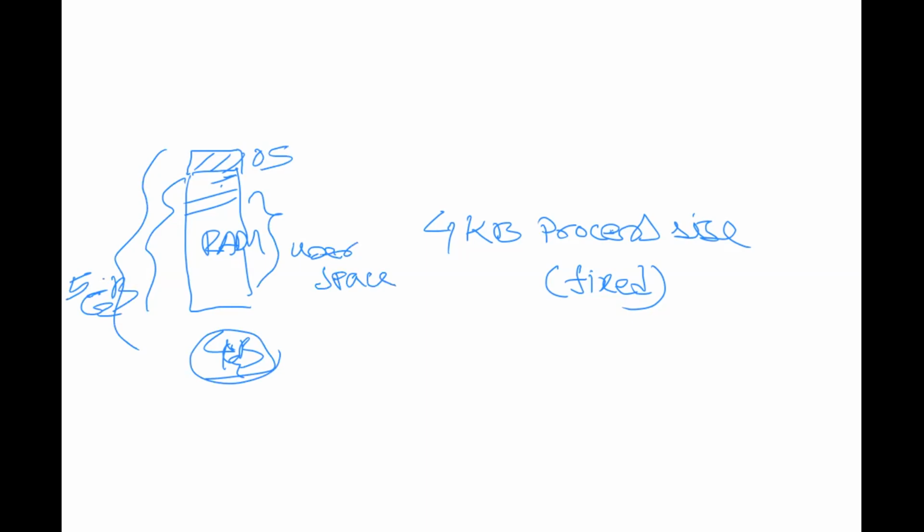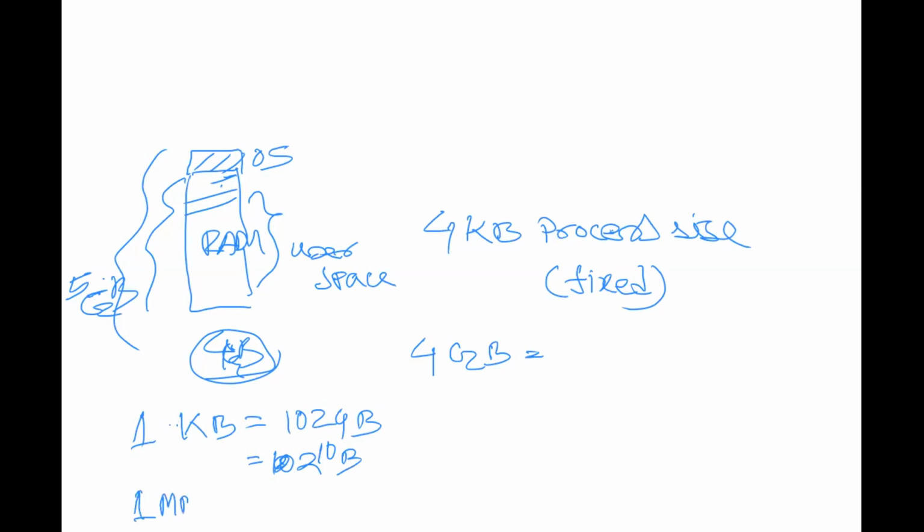So how many processes can we accommodate inside the RAM at a time? It is simple. Let me remind you what GB and KB are. 1 KB equals 1024 bytes, which is 2 to the power 10 bytes. 1 MB equals 2 to the power 20 bytes, and 1 GB equals 2 to the power 30 bytes.